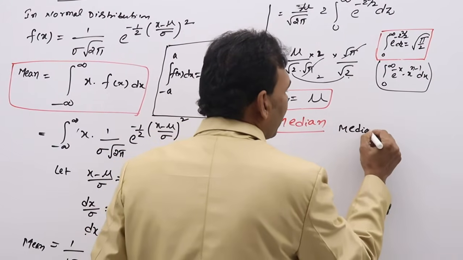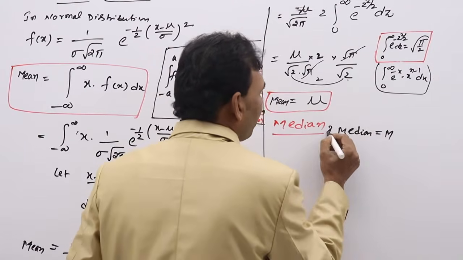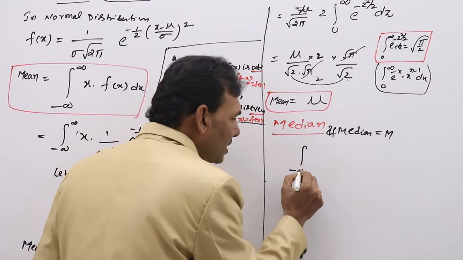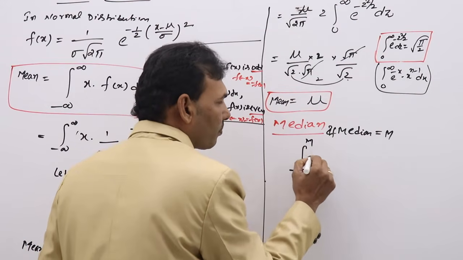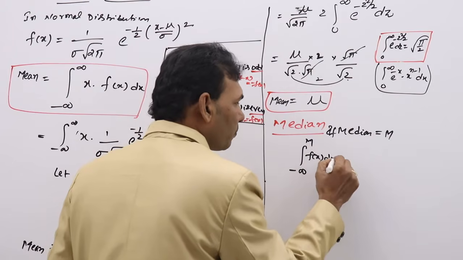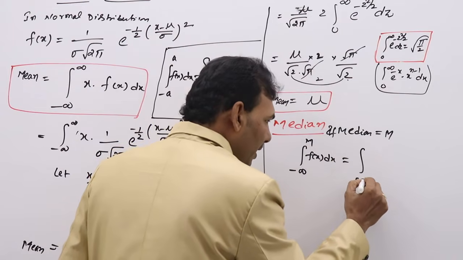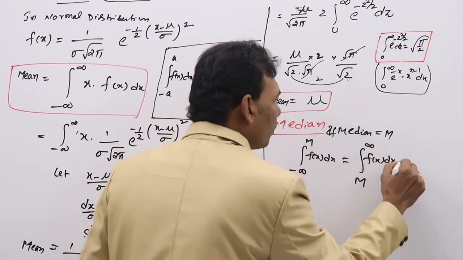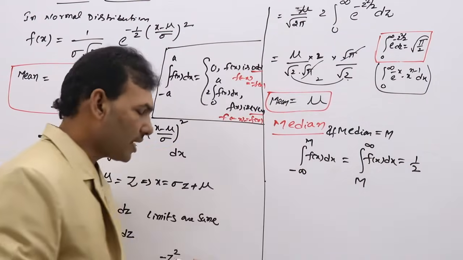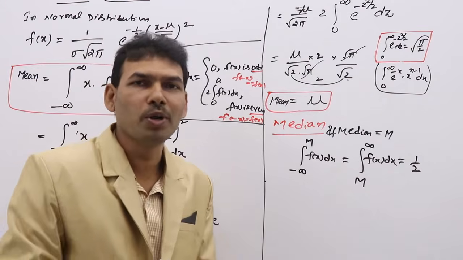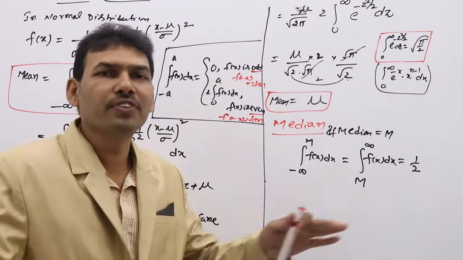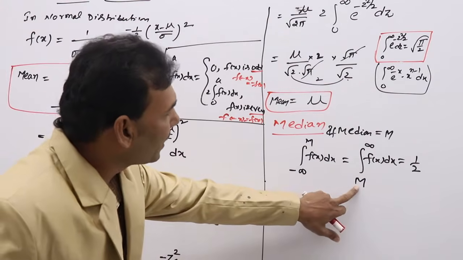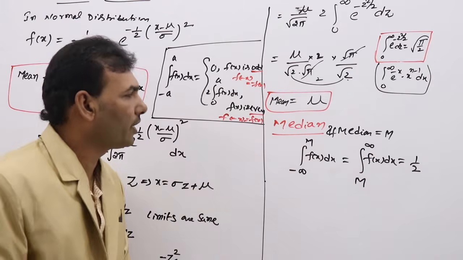Let the median equal m. If the median is m, then what happens? Integral minus infinity to m f of x dx and integral m to infinity f of x dx will each be half, because the total probability is 1, so half of it is 1 by 2. So m indicates the median which divides the total data into 1 by 2.